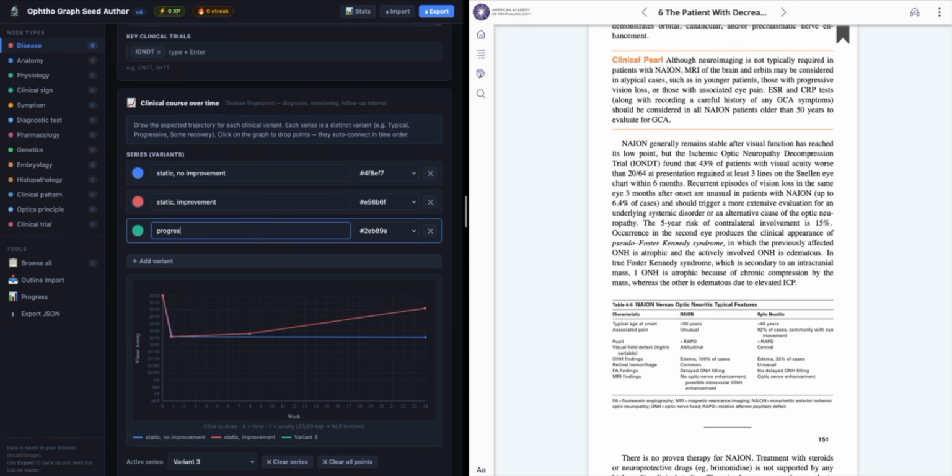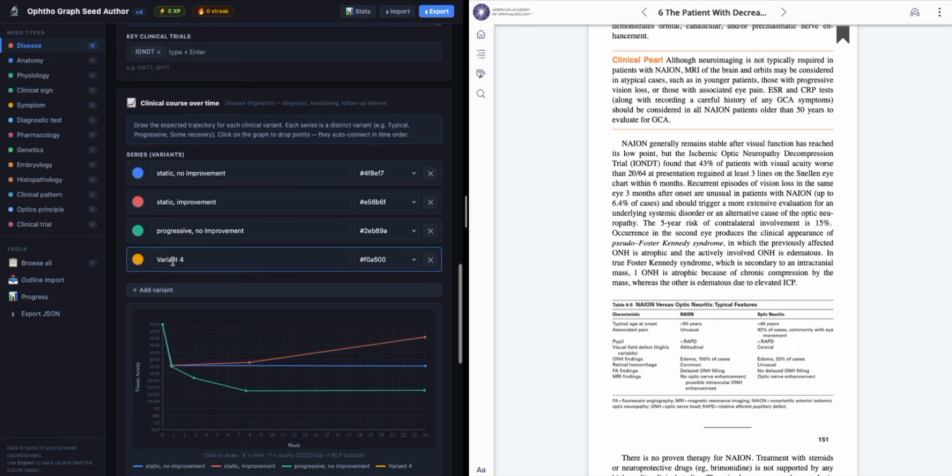So the next one will be progressive, no improvement. So in those cases, it might start off here, and then over the course of the next few weeks, declines a little bit further before it bottoms out, right? And then the last one, progressive with improvement.